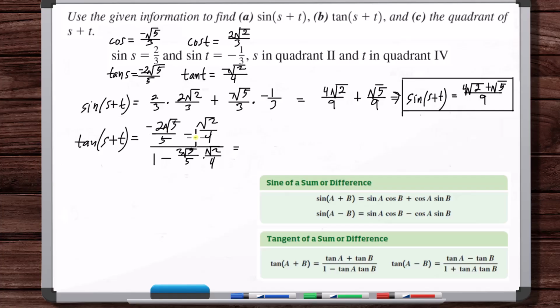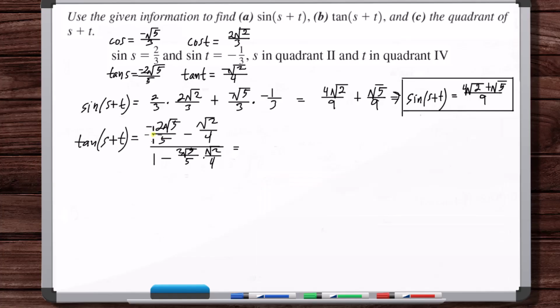Okay. So we can create a common denominator up here. Multiplying this first fraction by 4 over 4, you get minus 8 root 5 over 20, minus, and then multiplying this by 5 over 5, 5 root 2 over 20. And then here we've got 1 minus root 10 over 10.